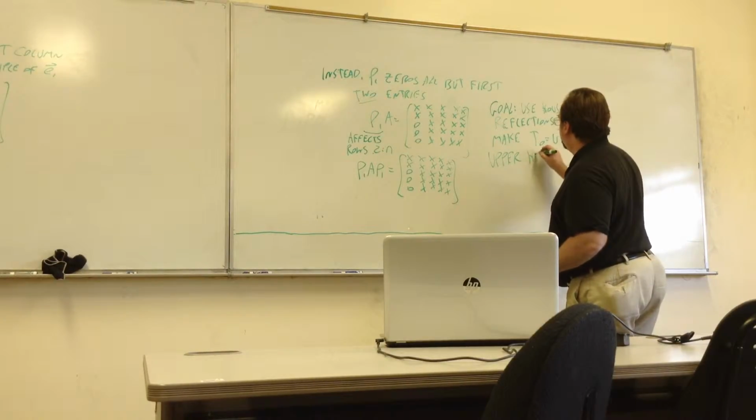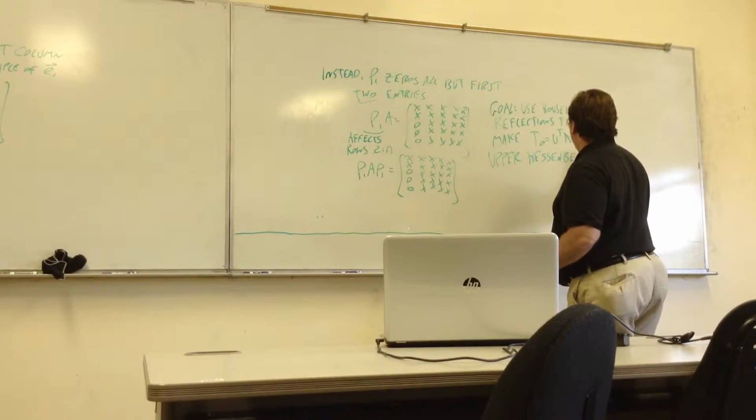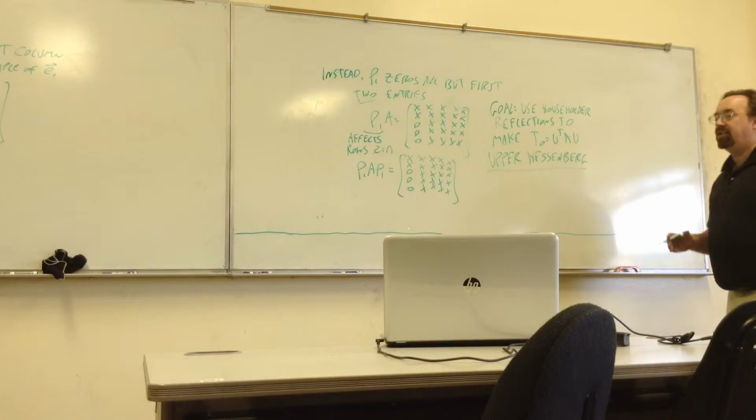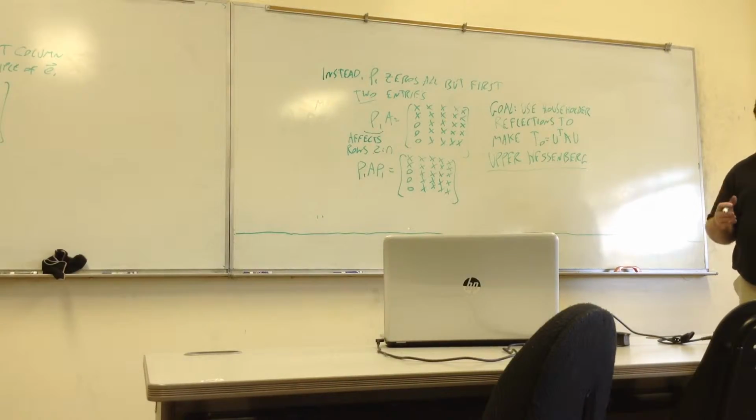I've mentioned upper Hessenberg matrices before when talking about GMRES. So it's one step shy of upper triangular.